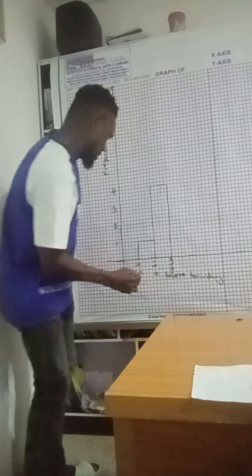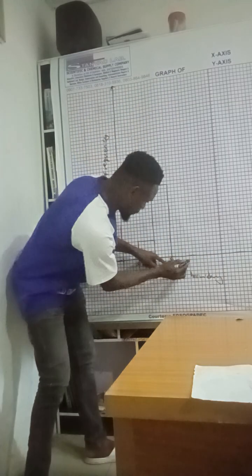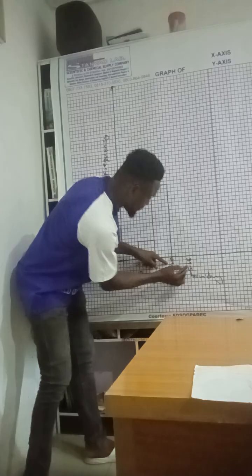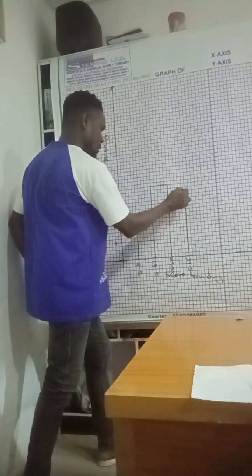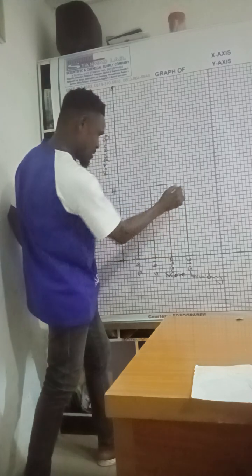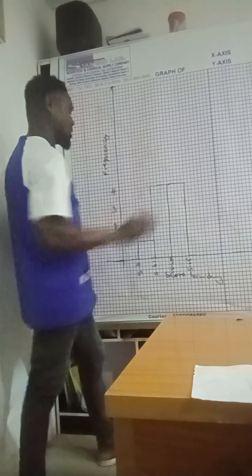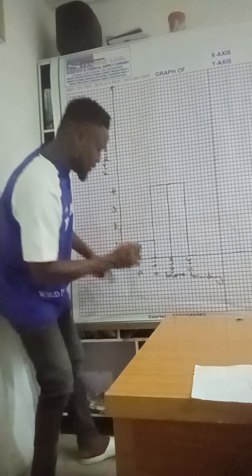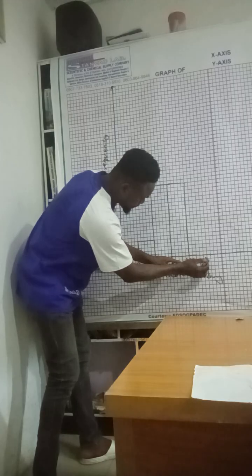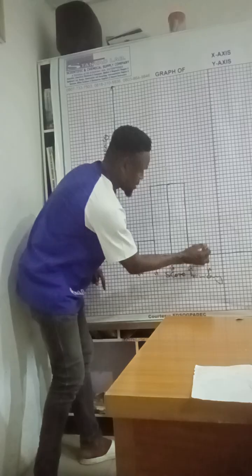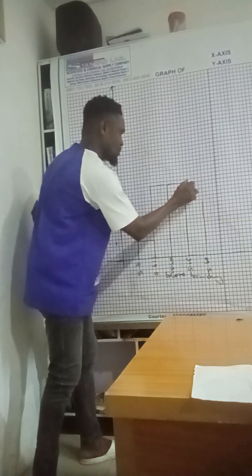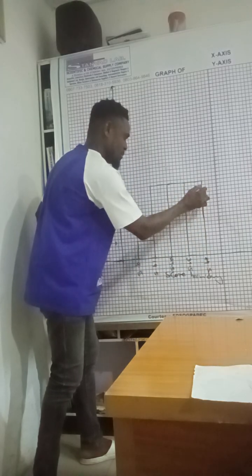You drop it there. Then again, 29.5 to 39.5, the same 4. Then we still have 39.5 to 49.5, still the same 4.